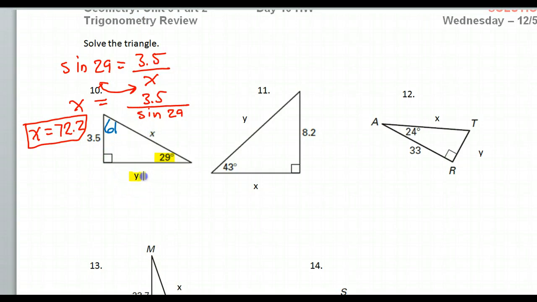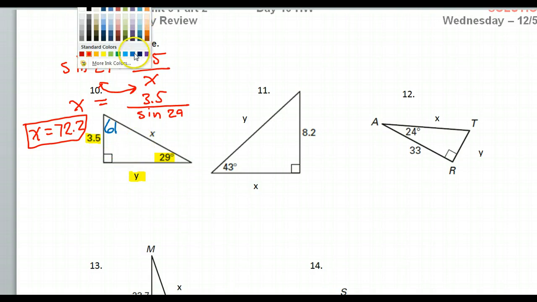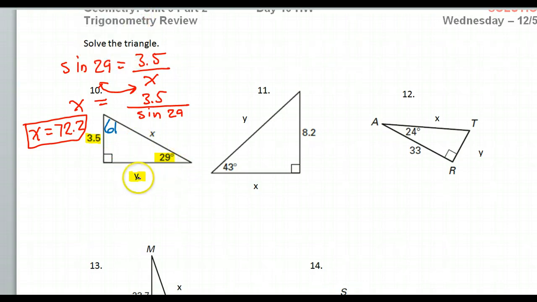So now I'm going to focus on the y. Looking at these three things, which trig function am I about to use? I've got opposite and adjacent now. That is the tangent function. So I'm going to go tangent of 29 is equal to opposite over adjacent, so 3.5 over y.